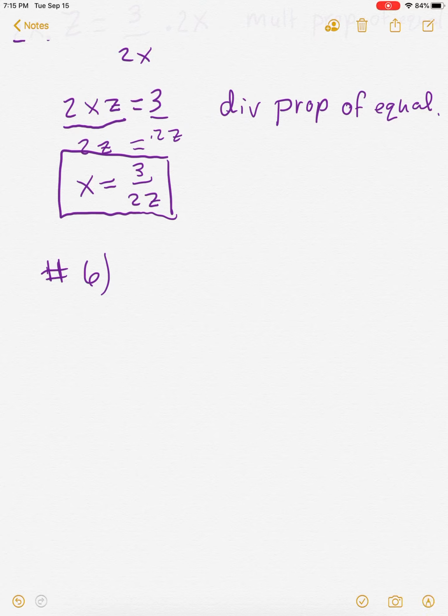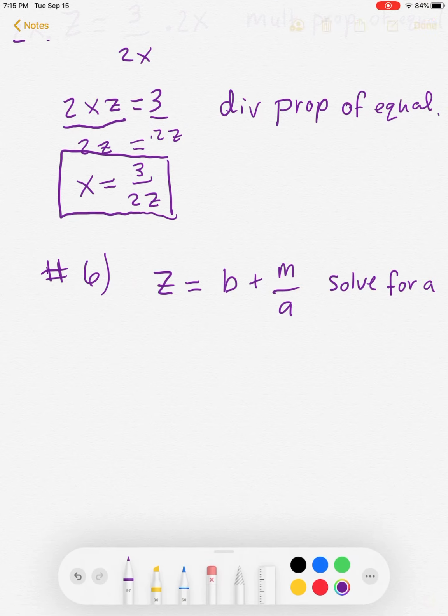And so we'll just go ahead and work our way through it right now. Talk about a few things along the way. We have z equals b plus m over a. We want to solve for a. I'm going to switch colors.